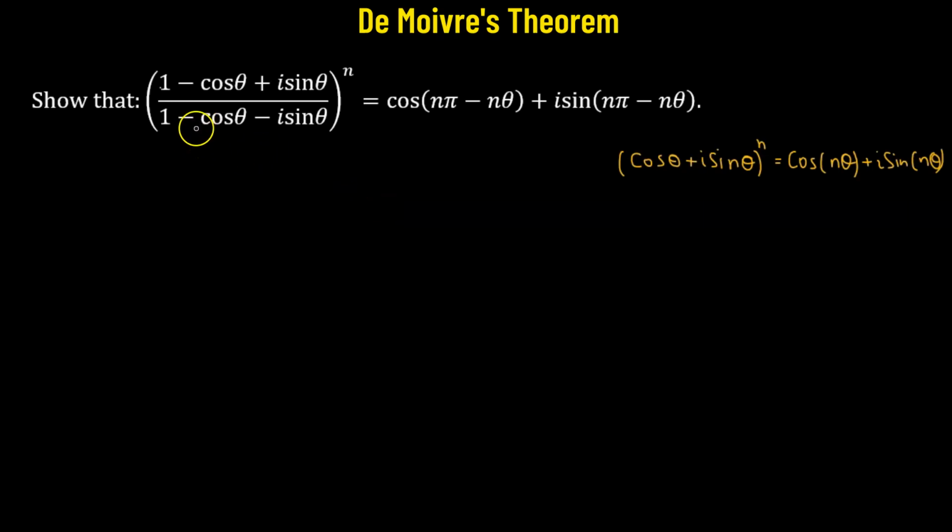So what we'll do is simplify the numerator and the denominator separately. Here we will begin with the portion 1 minus cosine theta plus iota times sine theta.